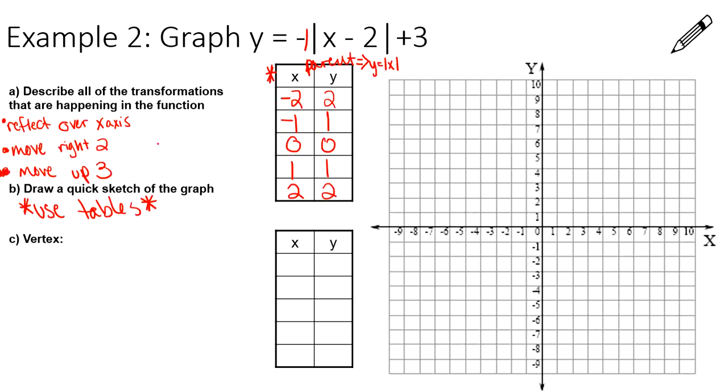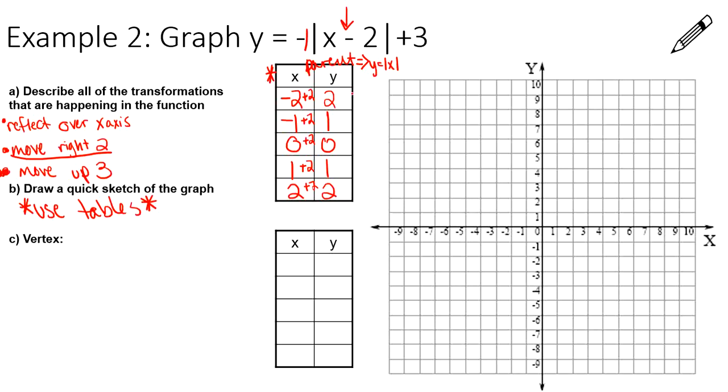And then from there, we're going to do what we need to do from the transformations, okay? So what is happening to my x value? The only thing that's happening to my x value is always going to be on the inside of that absolute value symbol. I'm moving to the right, which means I'm going to be adding, remember it's the opposite, I'm going to be adding 2 to every single value. That's all that's happening with my x values.